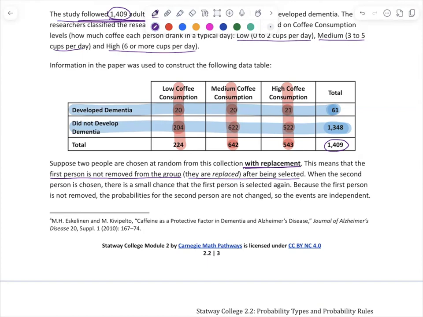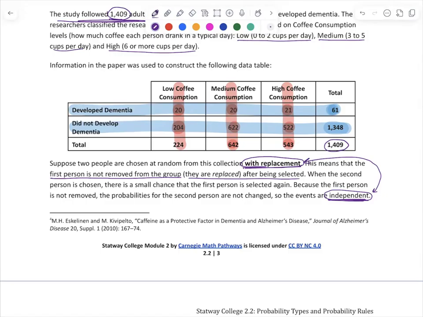Because the first person is not removed, the probabilities for the second person are not changed. So the events are for sure independent from each other. So whenever you see with replacement, it means that you have independent events. So here's a keyword for you. With replacement represents independent events.